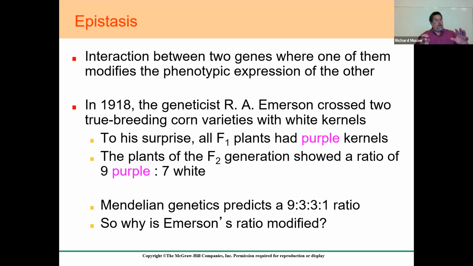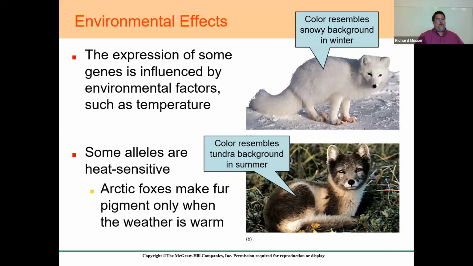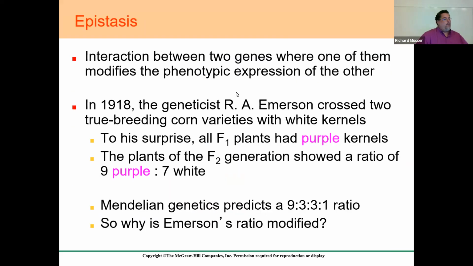And other genes might have the job of putting the pigments into the tissues, for instance. So we call this epistasis, where the interaction of two genes modifies the phenotype. It's a little bit like the continuous effect and pleiotropic and all those other things that we mentioned before, or up here, polygenic. So it's kind of like polygenic, but where more than one gene's involved. But this is a more straightforward example.